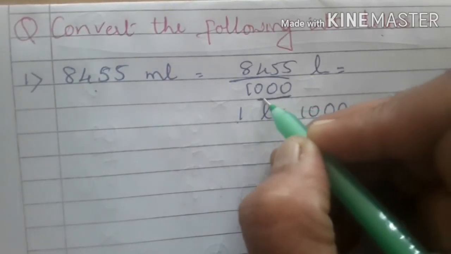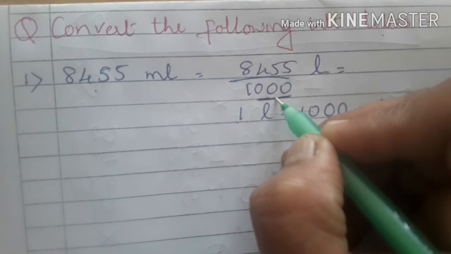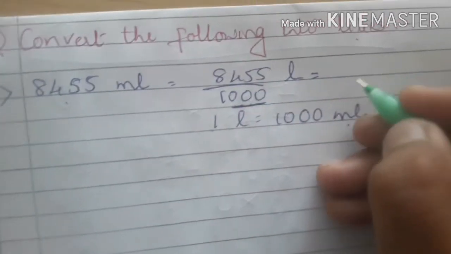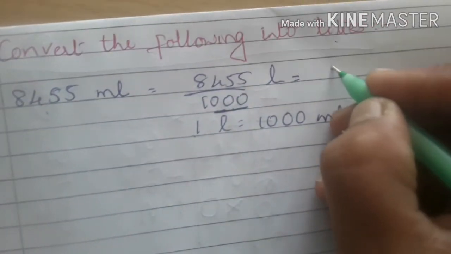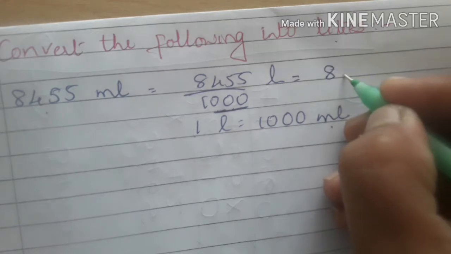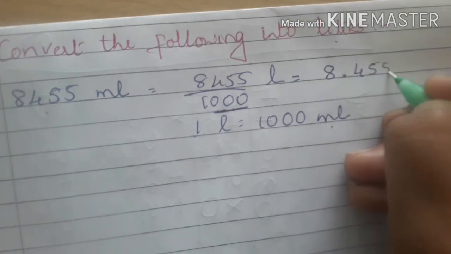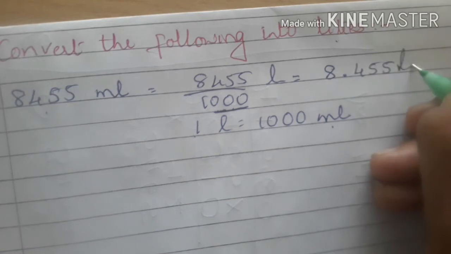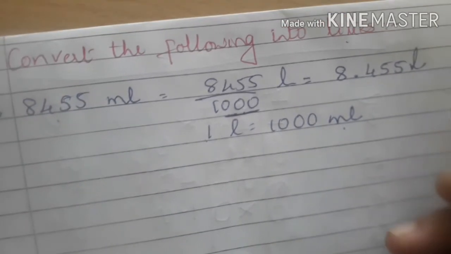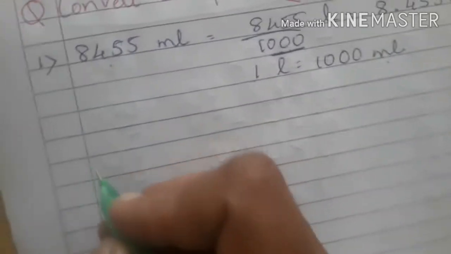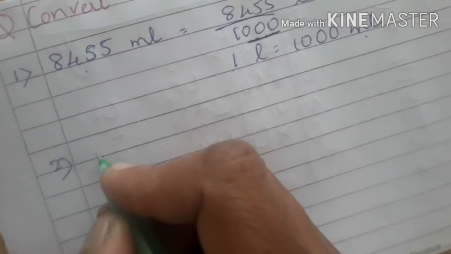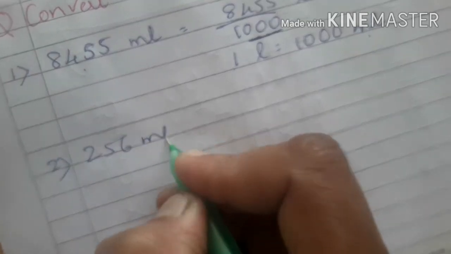So the last three digits are the milliliter part, and before that is the liter part. So here the answer will be 8 liters and 455 milliliters, and here you have to write the bigger unit.